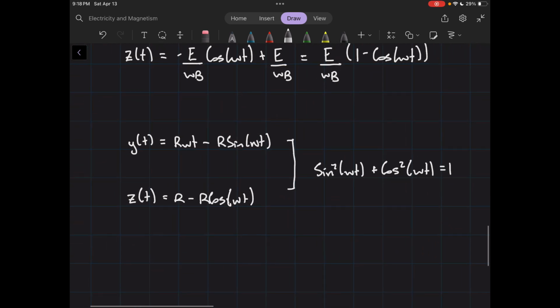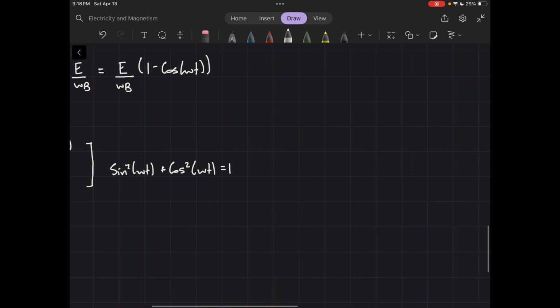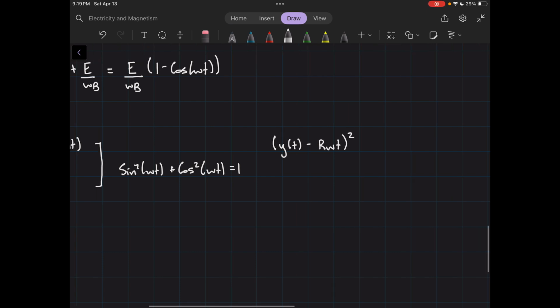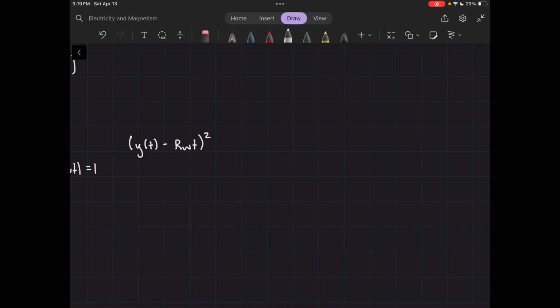So we can then say y of t minus r omega t, quantity squared, plus z of t minus r, quantity squared, is equal to r squared.